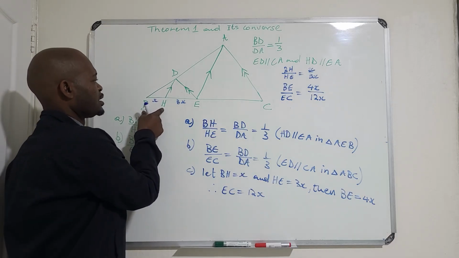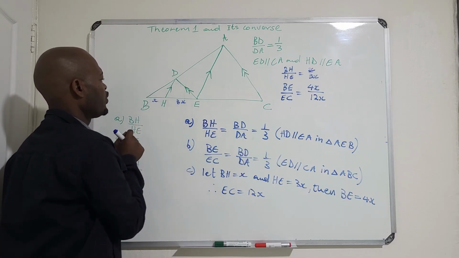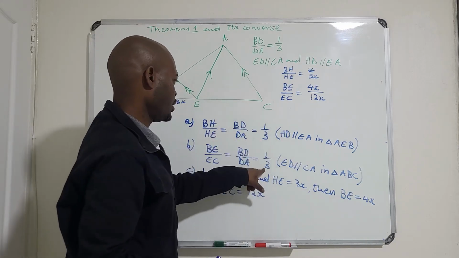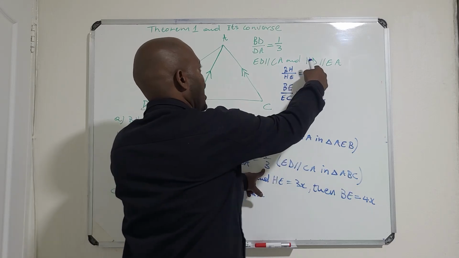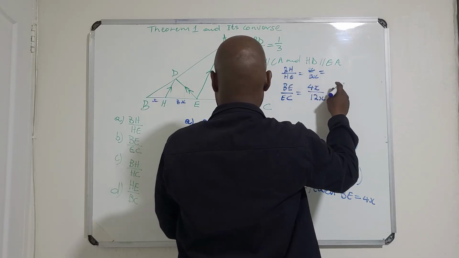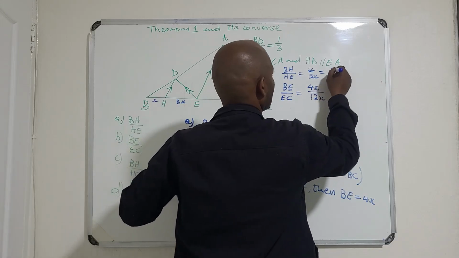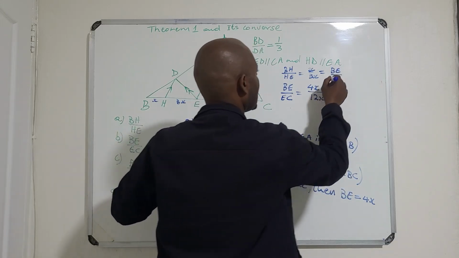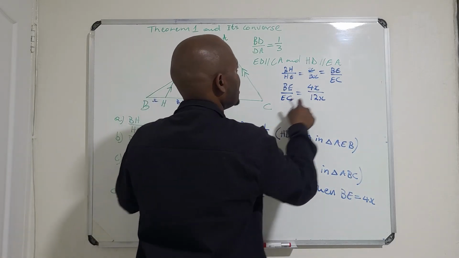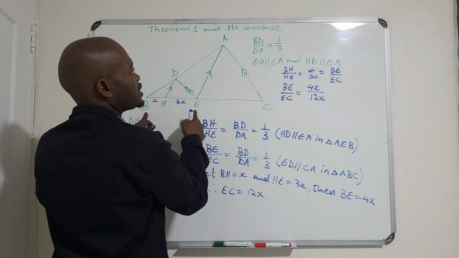If this is X and this is 3X, and this over that is 1 over 3, this is also equal to BE over EC, so BE is 4X in this case.